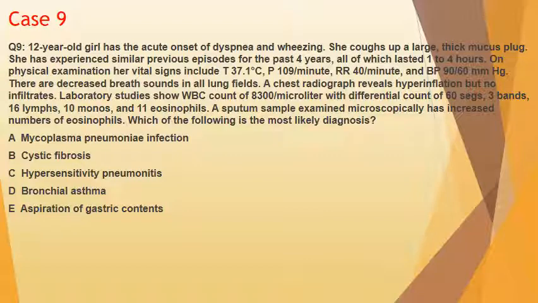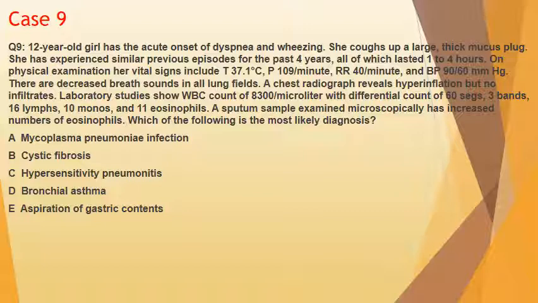A 12-year-old girl has acute onset of dyspnea and wheezing. The patient has difficulty breathing. She coughs up a large thick mucus plug. She had the same experience in previous episodes over the past 4 years.